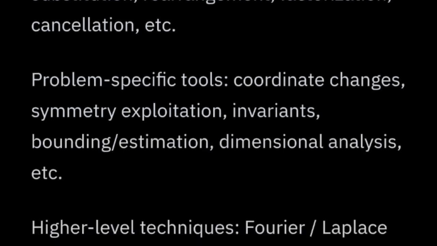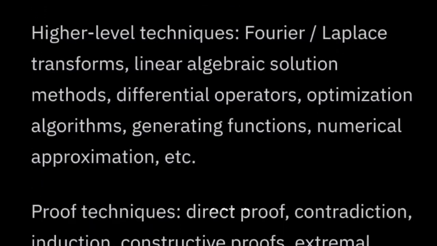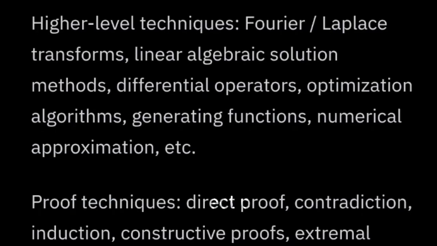Problem-specific tools: coordinate changes, symmetry exploitation, invariance, bounding and estimation, dimensional analysis. Higher-level techniques: Fourier and Laplace transforms, linear algebraic solution methods, differential operators, optimization algorithms, generating functions, numerical approximation.